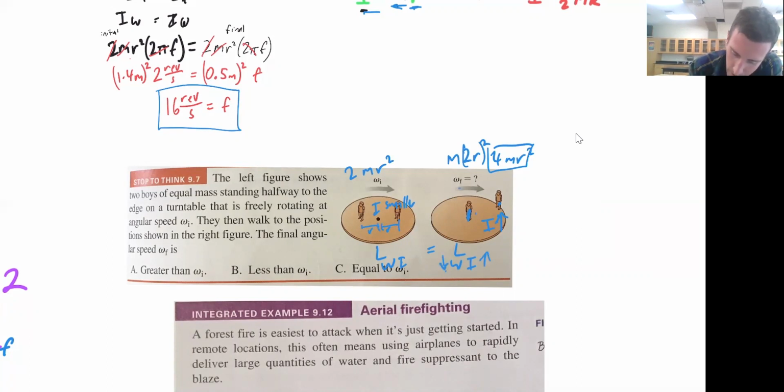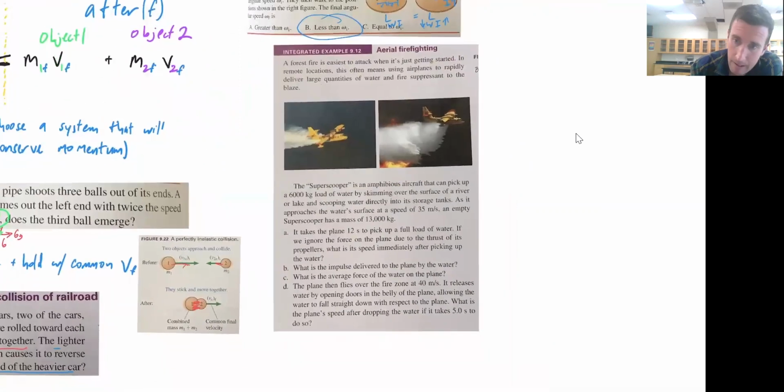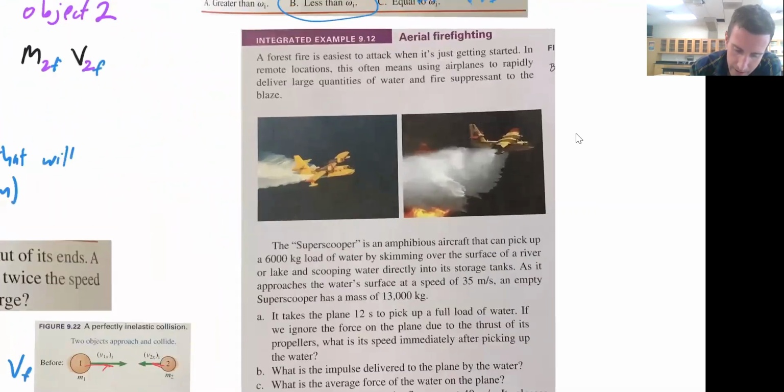So the final angular velocity should be less than omega sub i. All right, last one looks like a real challenge.